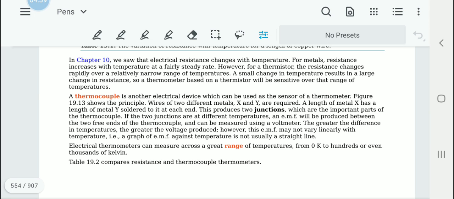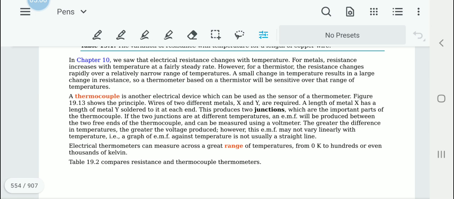However, for a thermistor, the resistance changes rapidly over a relatively narrow range of temperatures. A small change in temperature results in a large change in resistance, right? So a thermometer based on a thermistor will be sensitive over that range of temperatures.